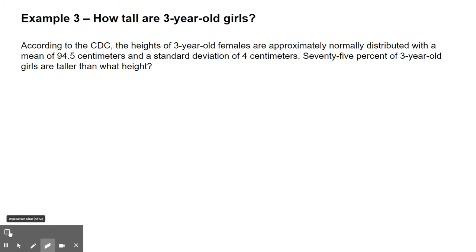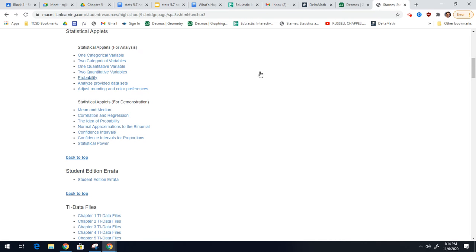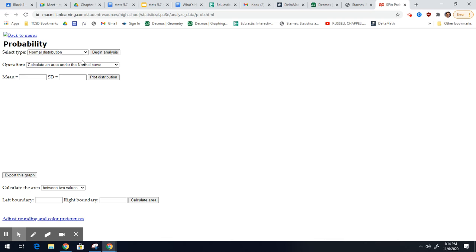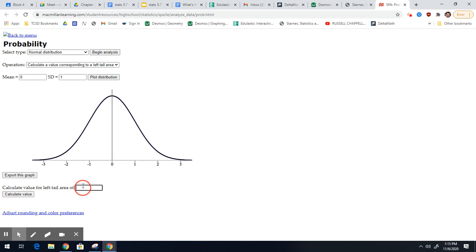Okay, so let's go to the stats applet now, and let's take a look at this problem. Probability. Normal distribution, begin. Now, I am not calculating the area. I know the area. I have to calculate my z value. I know that the mean is always 0 and the standard deviation is always 1 for the standard normal curve. Now, it says calculate the value for the left tail area, and that has to go to 0.25. There.